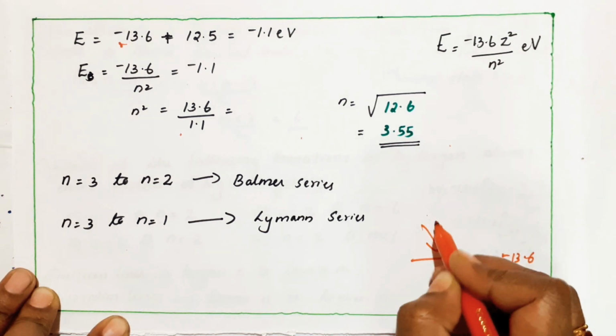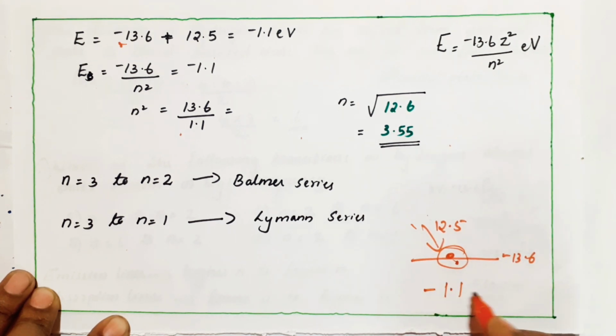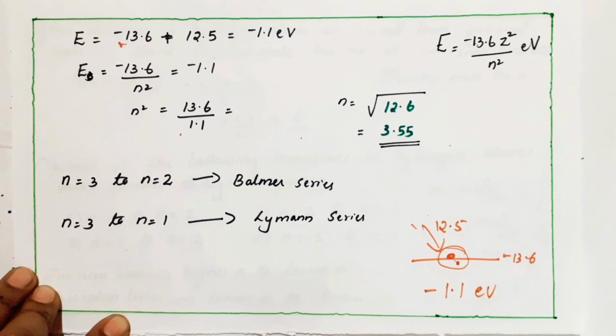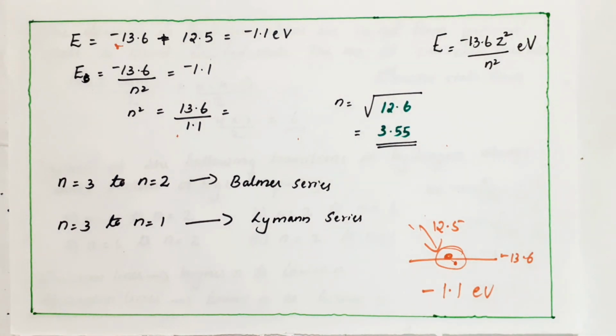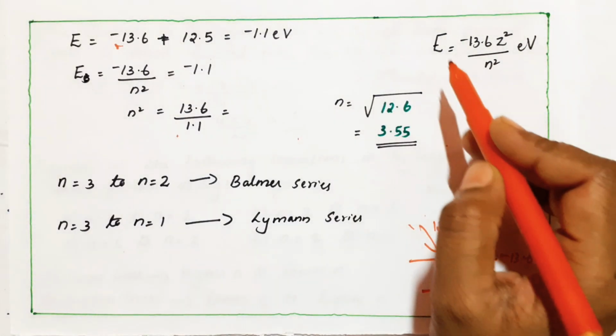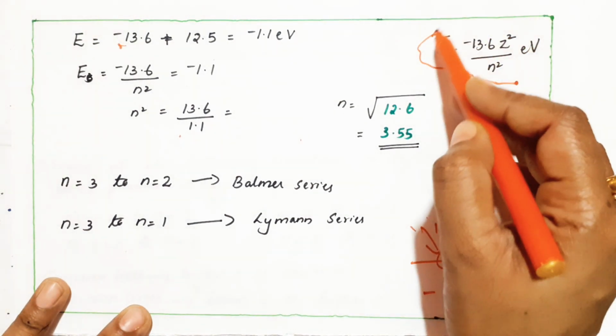We are giving an energy of 12.5, so this electron will absorb the energy and get a total energy of minus 1.1 eV. If it gets an energy of minus 1.1 eV, I'll tell you how to find the level using the simple shortcut formula. Energy is equal to minus 13.6 Z square by n square eV.